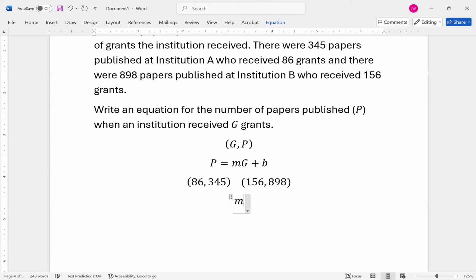It would actually be algebraically equivalent to this one. Once again, we say, what is that slope? I use the slope formula, 898 minus 345. That's the y value of point 2 minus the y value of point 1, all divided by the x value of point 2 minus the x value of point 1, which is 156 minus 86. Now, if you take 898 minus 345, you get 553.